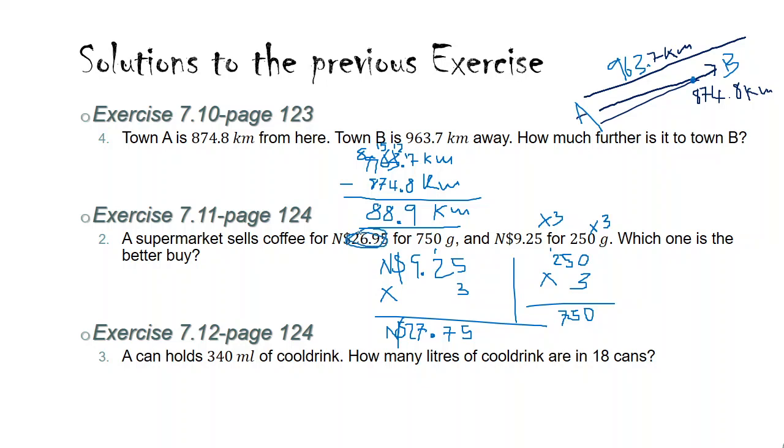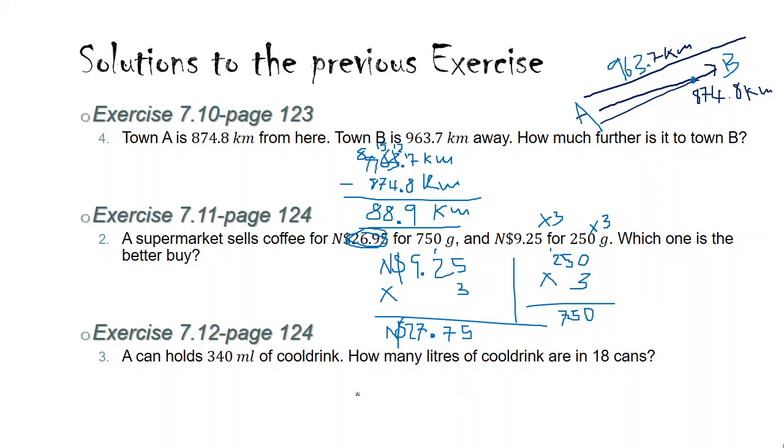Then number 3, the last exercise. They say a can holds 340 milliliter of cold drink. Now, how many liter of cold drink are in 18 cans? So what you can do first is find how many milliliters of cold drink are in 18 cans.